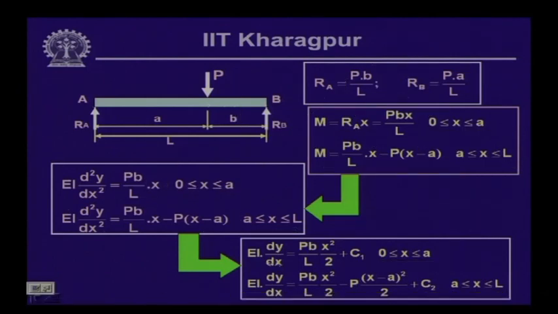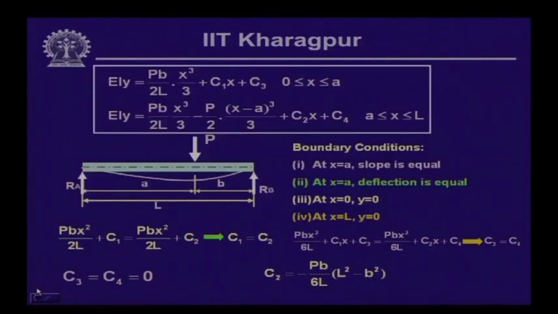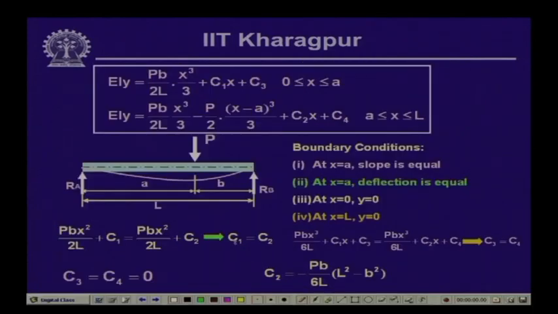Now, if we integrate these expressions further, then we will get the values of y, or the expression for y. On integration of the first equation, we get E I y is equal to P b by twice L x cube by 3 plus C 1 x plus another constant which we have called C 3, and the validity range of x is between 0 and A. Subsequently, the second expression yields E I y is equal to P b by twice L x cube by 3 minus P by 2 x minus a cube by 3 plus C 2 x plus C 4.